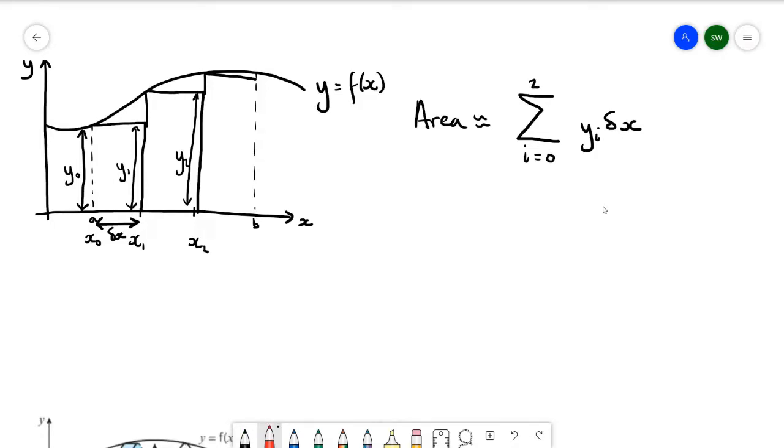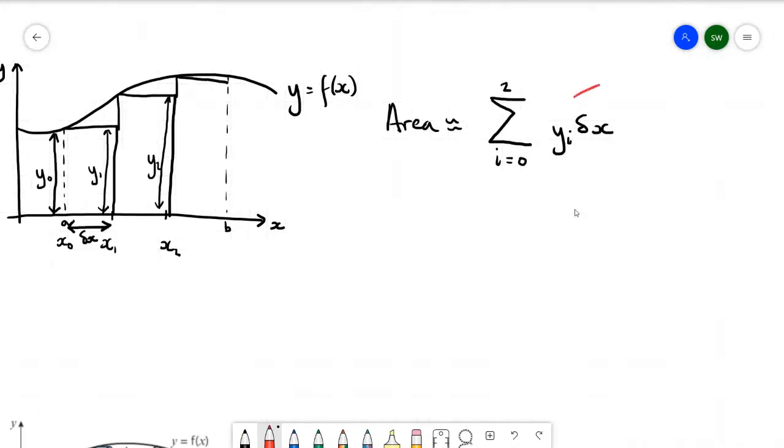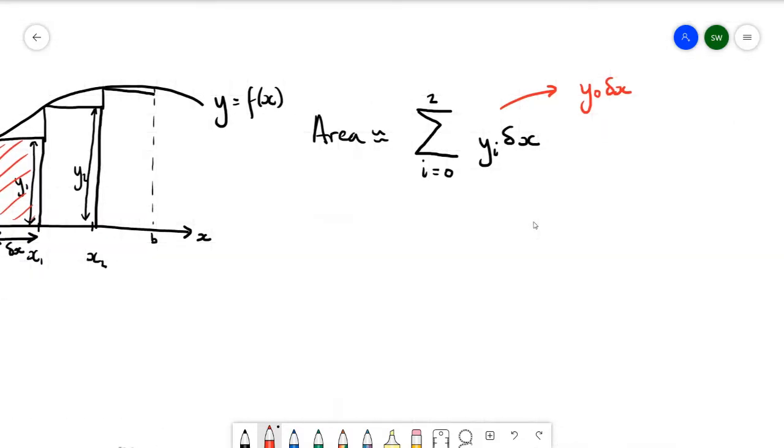That's a better use of notation in this case, because really what that means is I'm going to substitute i equals 0 into this expression here. That would be y0 times delta x, and that would give me the area of that first rectangle. Next I'm going to sub in the next integer value of i, so i equals 1, into this expression, so that would give me plus y1 delta x, and I add them all up.